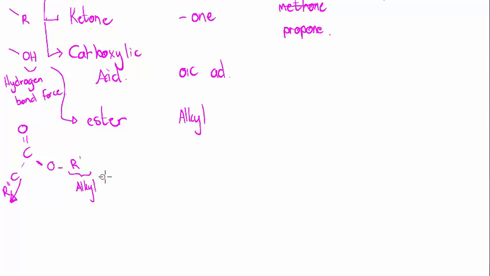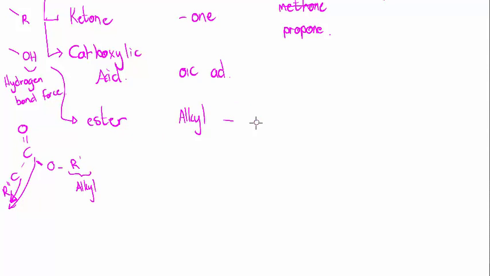If it has one carbon, it's methyl. Two carbons, ethyl. Three carbons, propyl. Four carbons, butyl. You with me? And then we will name the carboxylic side of it.